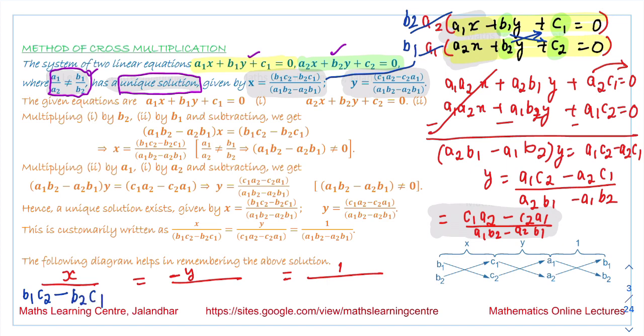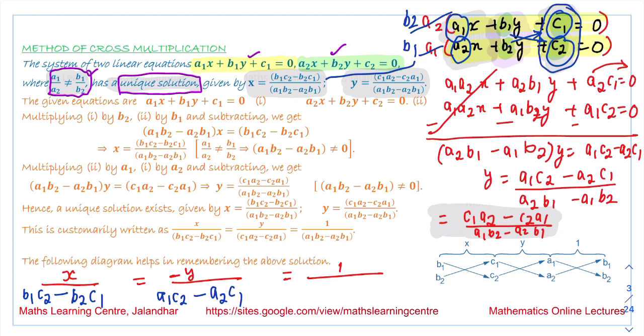Next, for the denominator of minus y, there is a minus sign over here. So we leave out this column, and what we are left with is a1c2 minus a2c1. Now for the next term, below the constant term, we leave out the third column, the c terms.